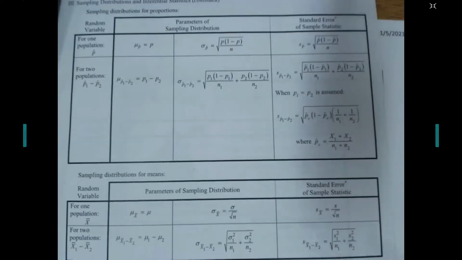Now what's a standard error? Well, a standard error is honestly just your standard deviation, but it's calculated using the statistic because we don't know the true parameter. So it uses the statistic to estimate it instead of the parameter, because we generally don't know the true parameter.